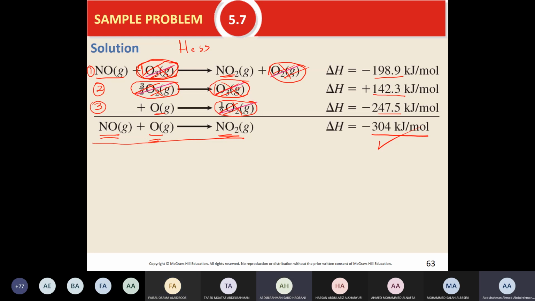It will be left. The NO here, nothing was done to it. It was kept as it is. The NO2 also, nothing happened to it. It was kept as is. The O is also not used. But whatever is available in the reactant in one reaction and in the product in another reaction, you cancel it with each other. That's the whole thing.